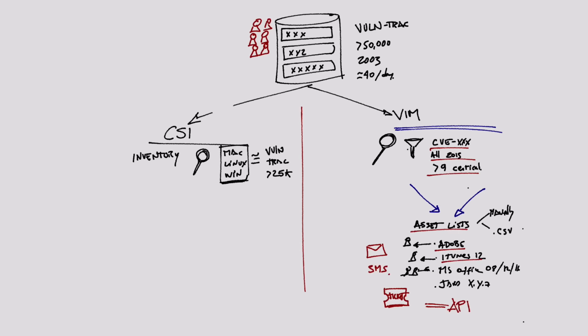Now, this is kind of the same thing as doing these asset lists, right? You're just sorting or filtering the information that you care about because that's the software inventory that you have. But in the VIM, you have to do it manually, and the security guys do not have to have any kind of integration with any other systems, whereas on the CSI, you do it using an agent.